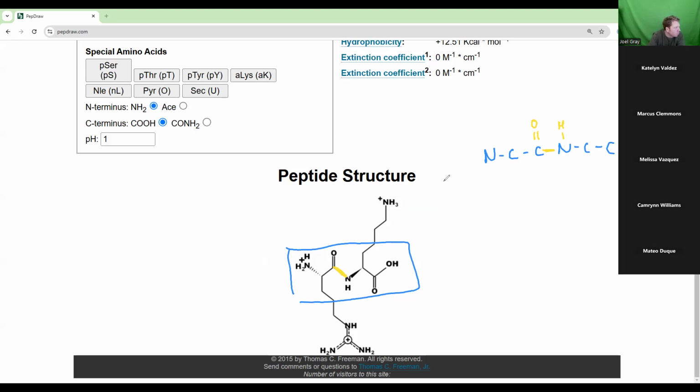Okay, now what I want to do with that is ask a question. This nitrogen right here that I just circled in red, add to the chat anyone if you want, is that nitrogen involved in a peptide bond? So basically, is it connected to a carbonyl carbon is my question.